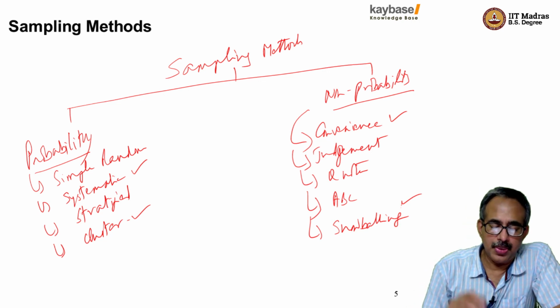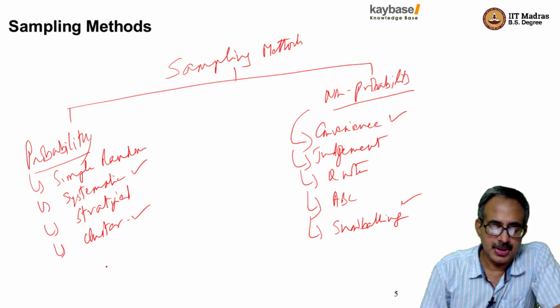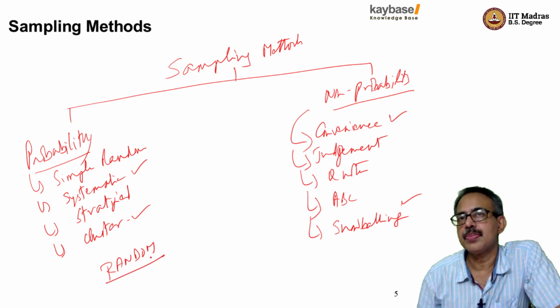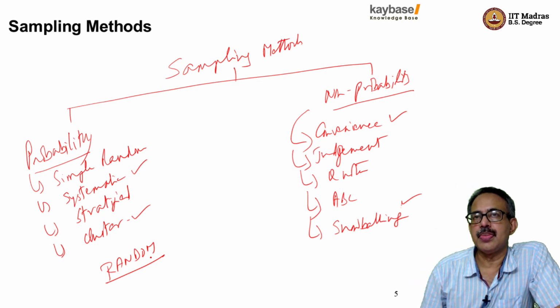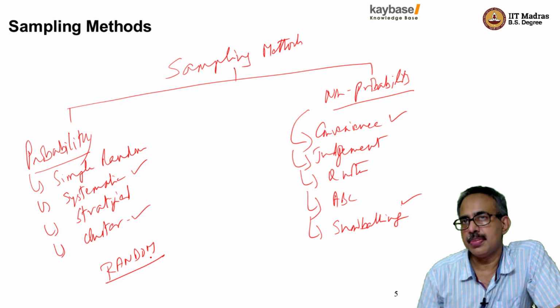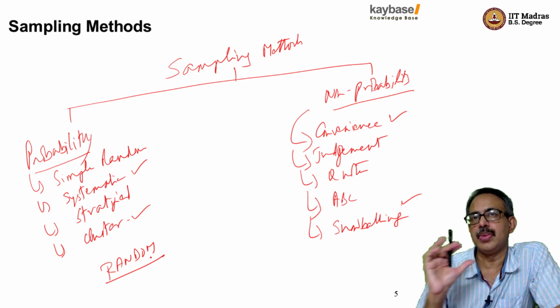One important thing that I want to stress before I start talking about the methods is the meaning of the word random. In English, random means just about anybody. In market research and in statistics, random is a very, very rigorous word.